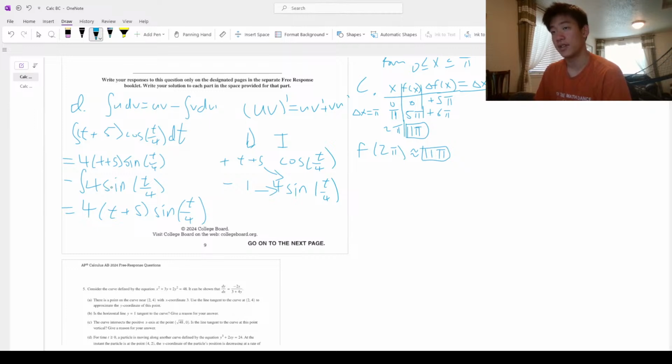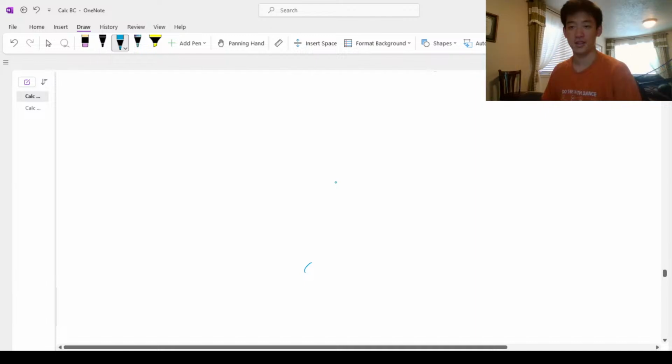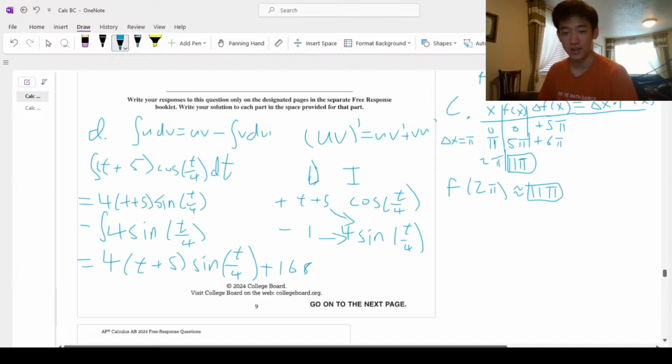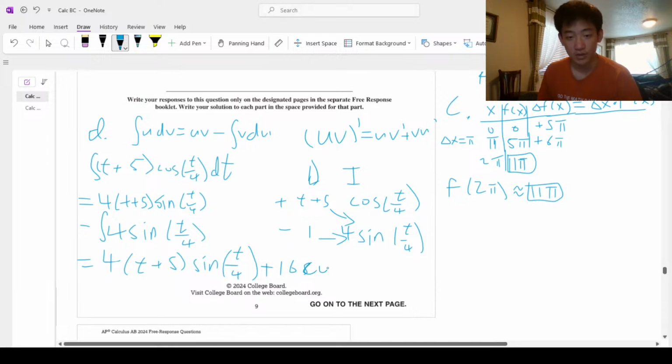The integral of sine is negative, so minus a negative gives plus 16 times the cosine of t over 4. Now I can finally put the plus C, and there you go.